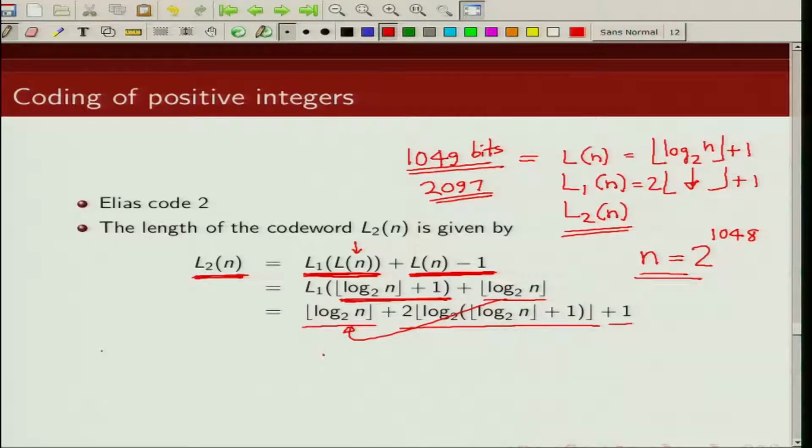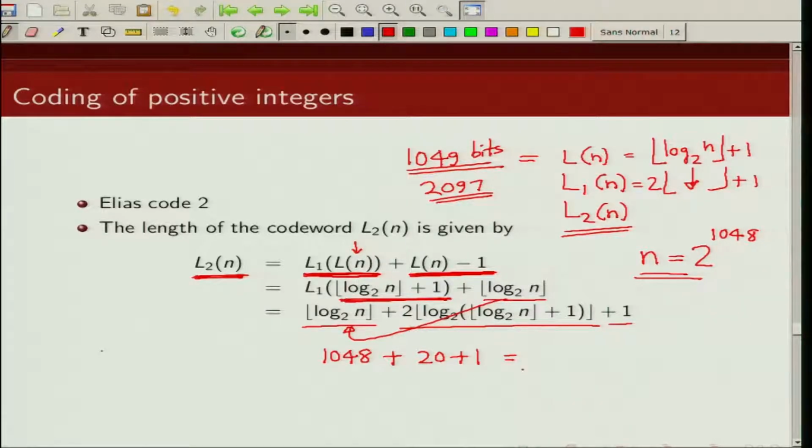So here we get 1048, and this will be log to the base 2 of n, so it's 1048 plus 1, I'm ignoring 1, so log of 1049, roughly 1048, so that would be 10, so 2 times 10, that's 20 plus 1.